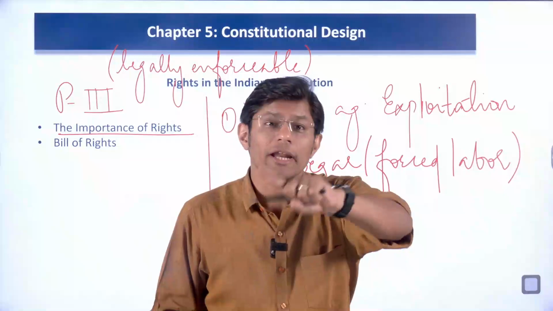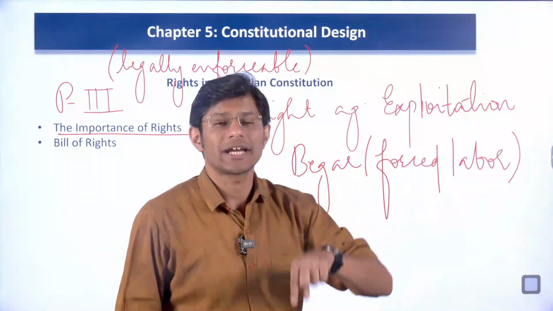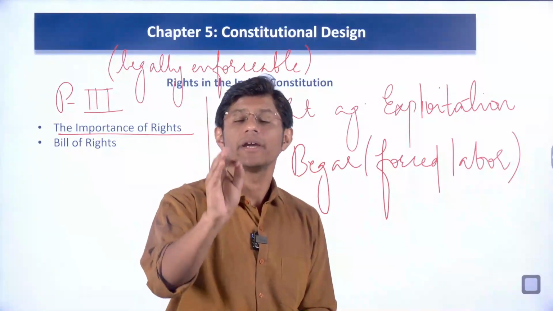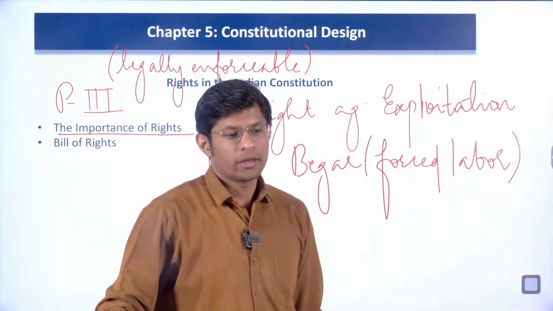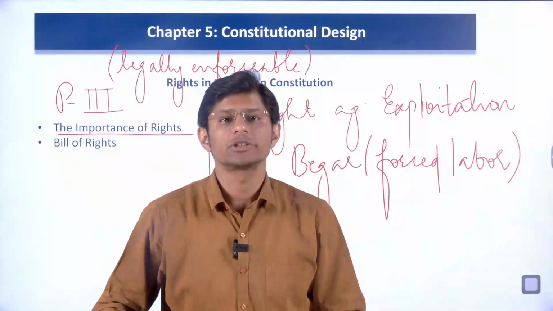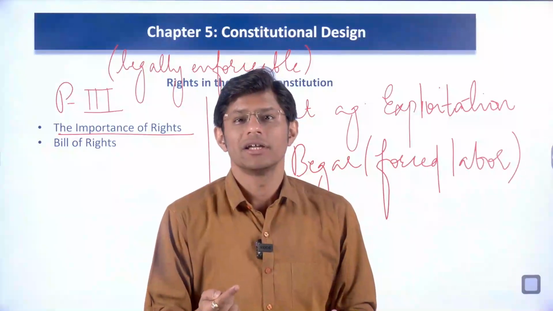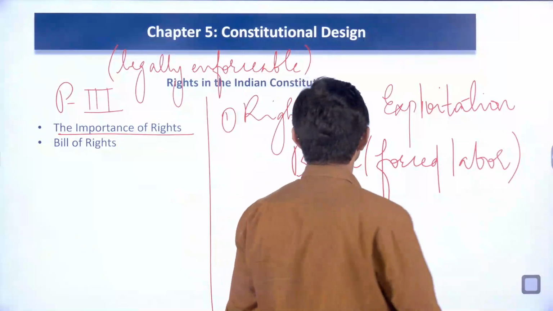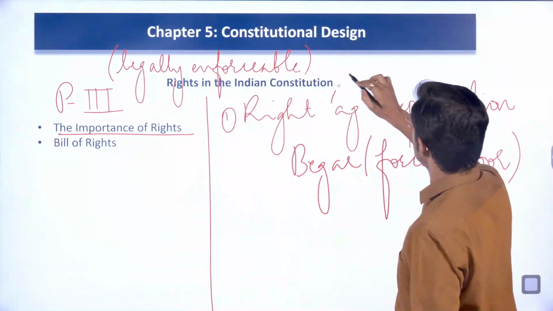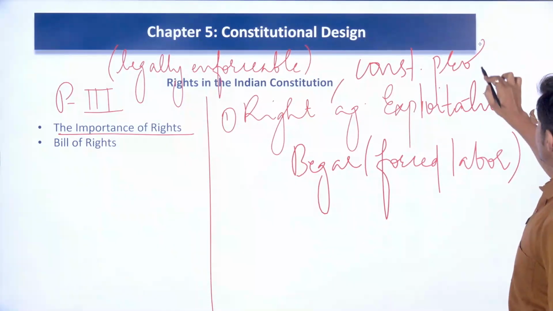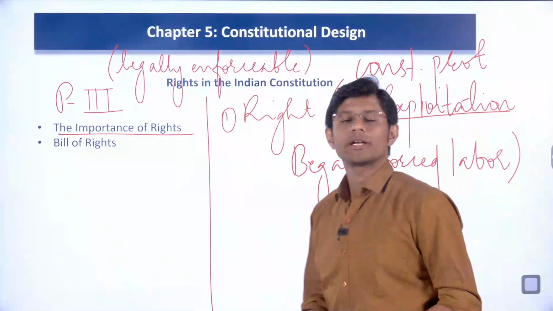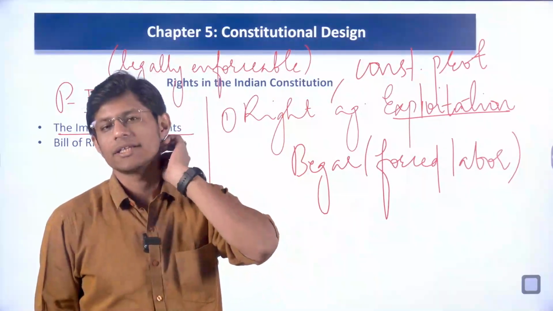The Supreme Court agreed to the petition of the social scientists and ordered the government to pay fair wages to the laborers. This decision of the Supreme Court reinforced the constitutional protection against exploitation. This is one example.